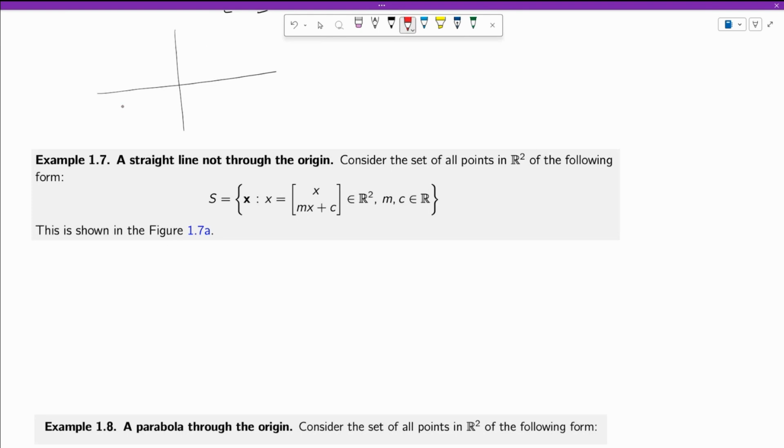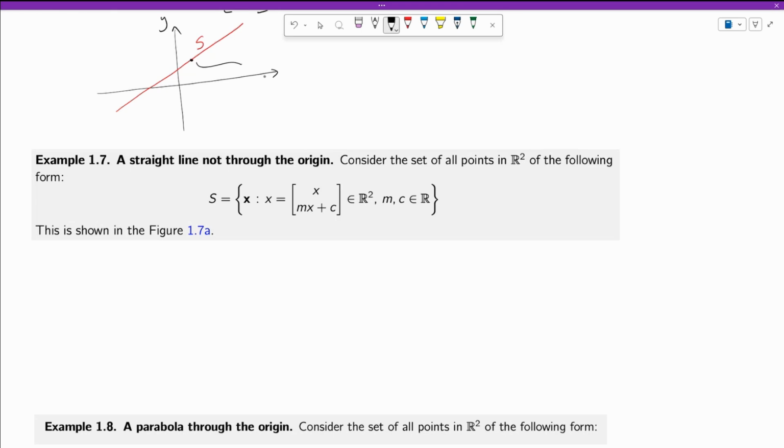These are sets of this form. I'm calling this set S. If I take any element from this set, what will that look like? If you're not sure, what is the general equation for a line in a plane in R2? What is this, mx plus c?